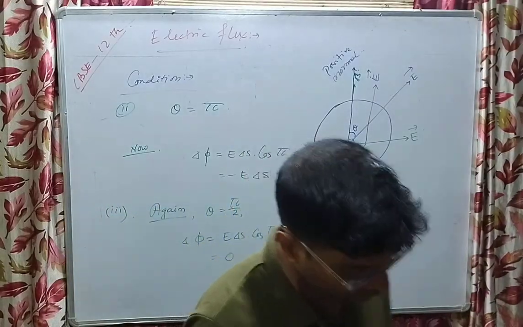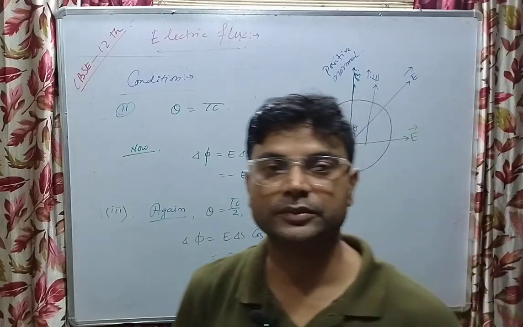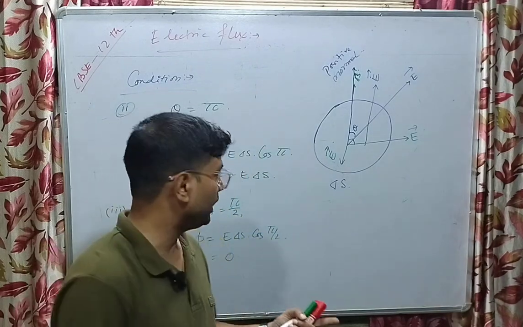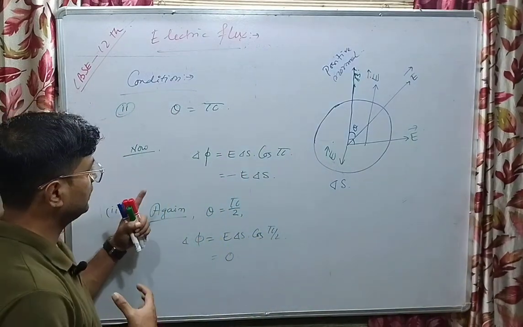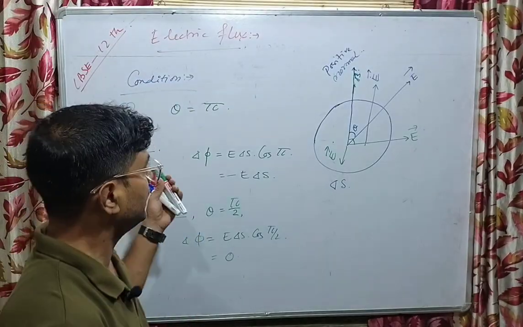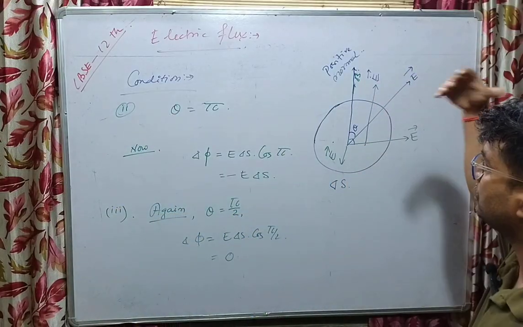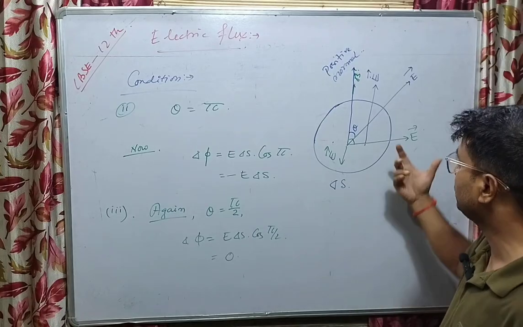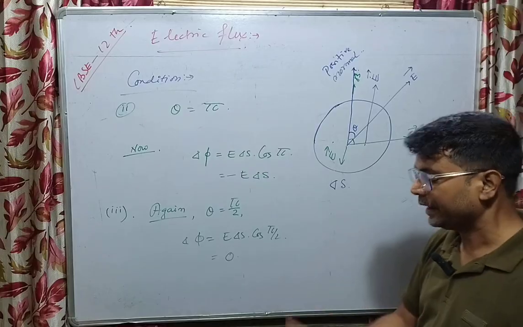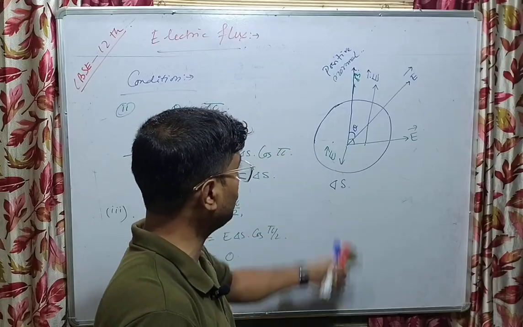Okay, students, we need to understand electric flux and electric field lines, and the amount of electric flux in different conditions: when the direction of the electric field lines is parallel to the positive normal, opposite to the positive normal, and perpendicular to the positive normal.